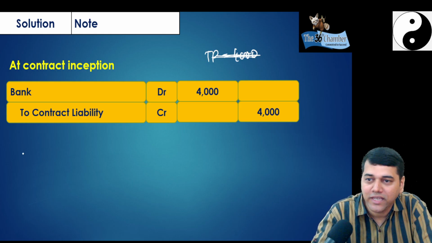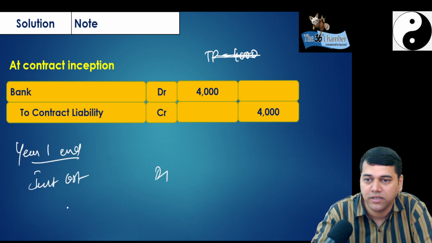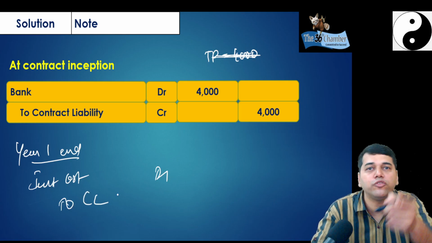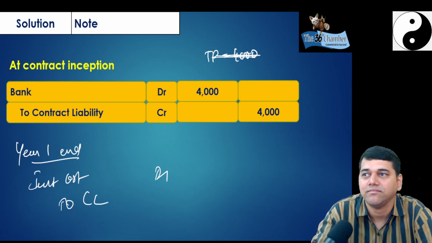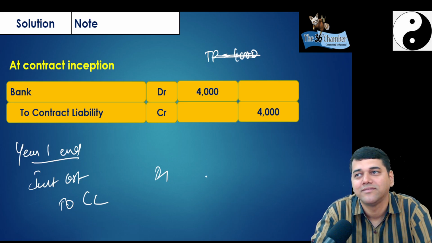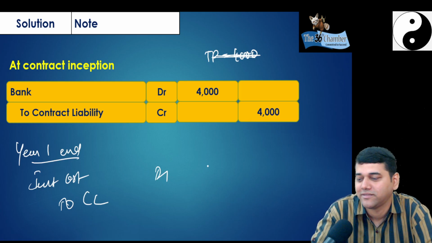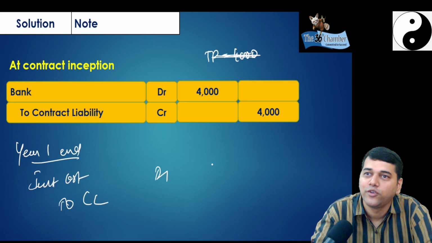At the end of year one, I will pass an entry: interest cost or finance cost account debit to contract liability, because you didn't pay it. How much is the amount of my interest cost? 240.